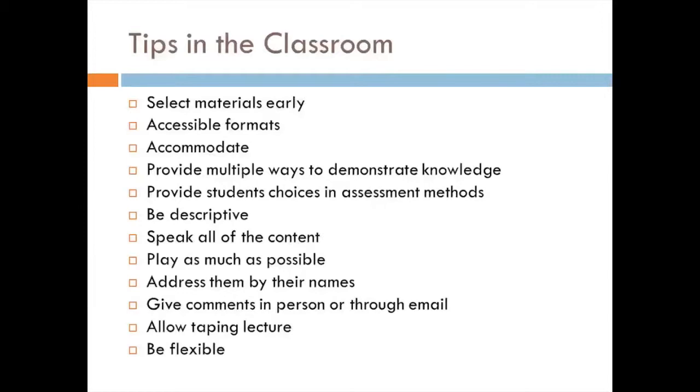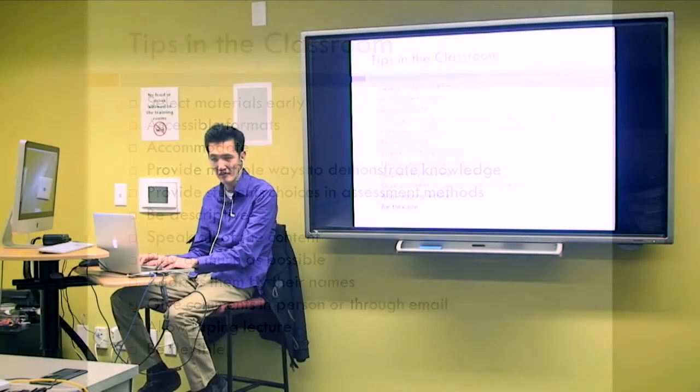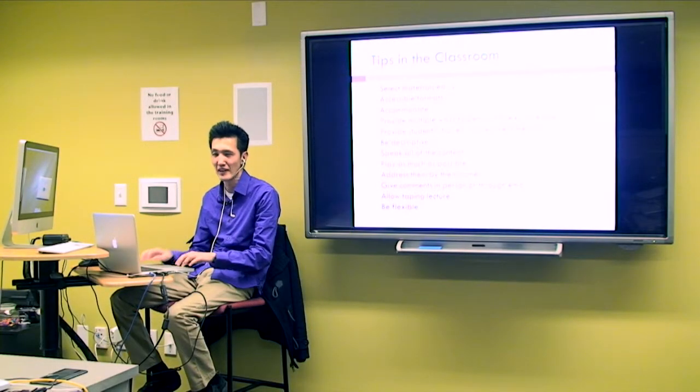Try to avoid saying things like "this bar or that bar" or "this chord or this note." Again, this not only benefits blind students, but maybe a person sitting far from the front of the board might benefit from you specifically calling out what you're pointing at, or what you're writing.